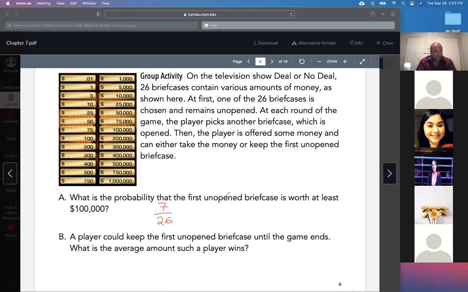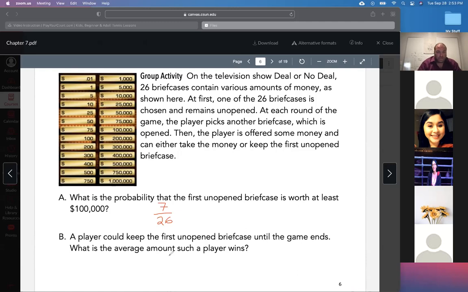6,000 plus 750 plus 900 plus 600 plus 75 plus another 75 plus 16 plus 0.01, divide by 26.